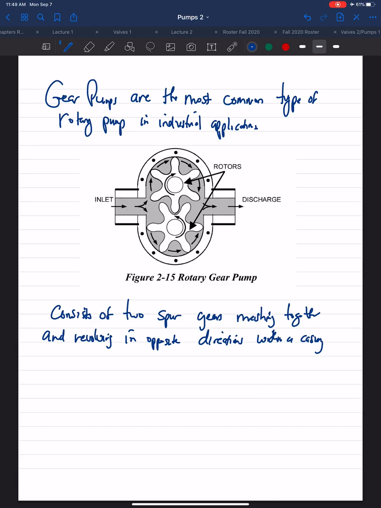So this gear is rotating this way, and this gear is rotating that way, opposite directions. And here the inlet fluid enters here, and it cycles around between the gears and the casing and exits here.